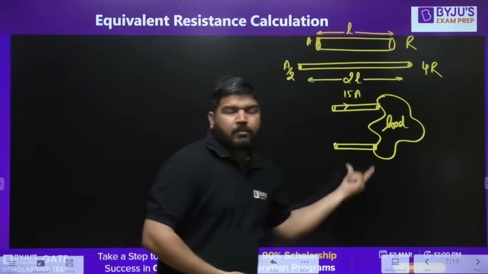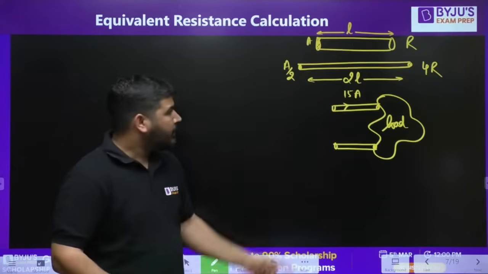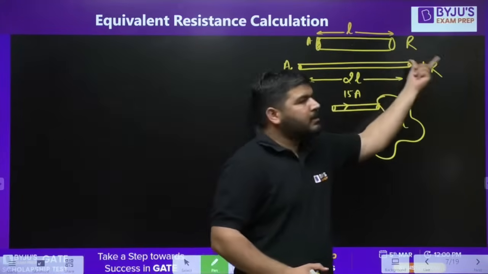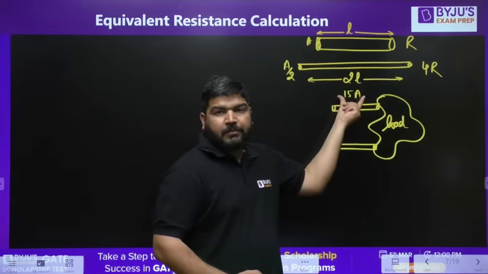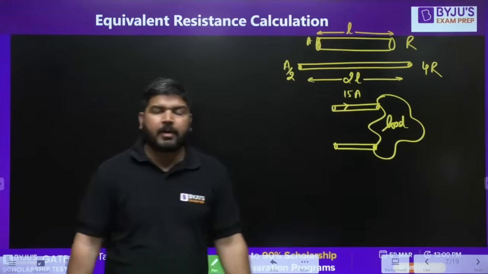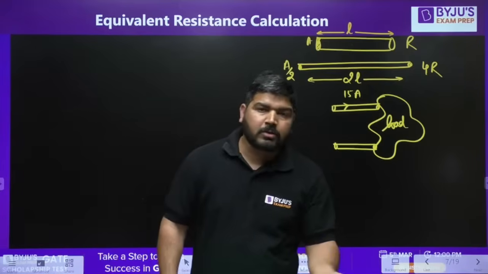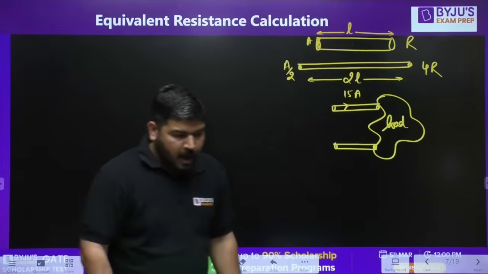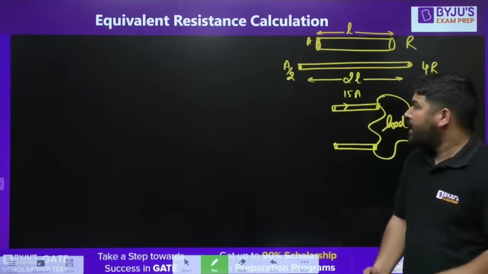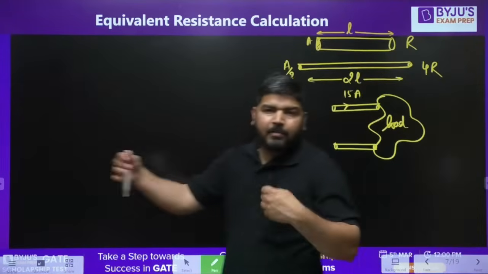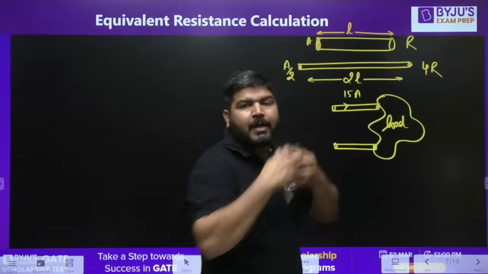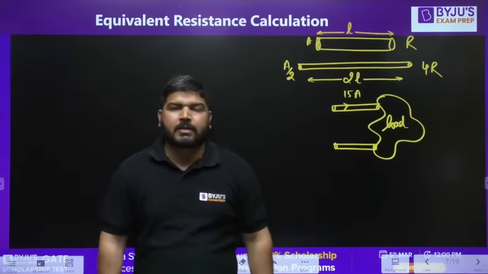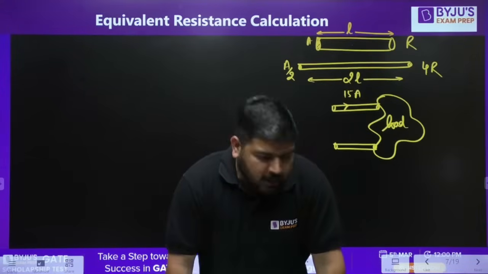Because if the cross section area of the wire is thin, then the resistance of the wire itself is very large, and the heat loss in this wire because of this 15 ampere will be large, and that heat loss may damage the wire. The wire will burn out. That's why whenever the load is demanding a large amount of current, you have to use a wire with more cross section area. I hope it is clear.